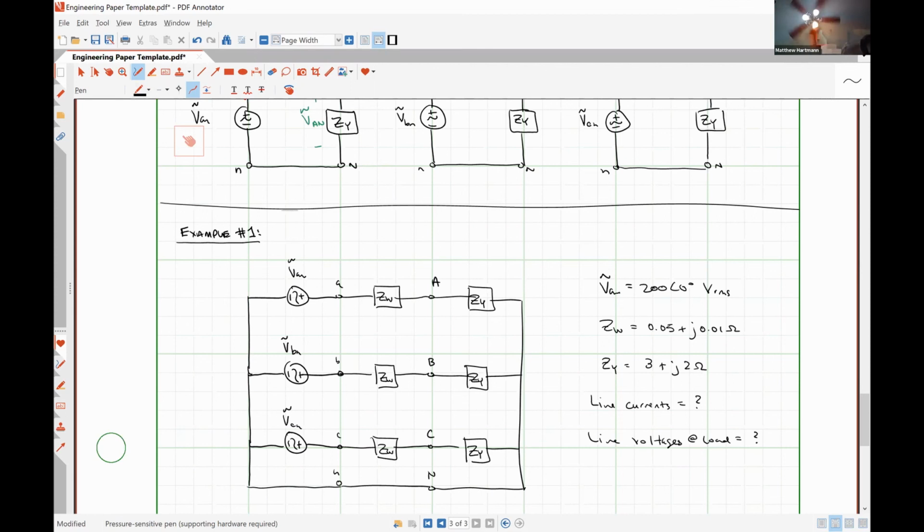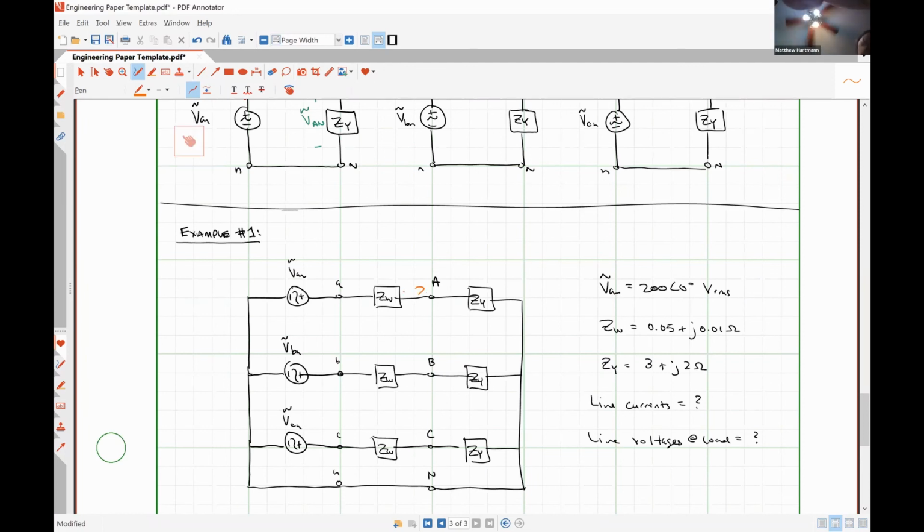And in industry, they're not going to talk about the voltage across VAN. They're going to ask what's your phase voltage, what's your line voltage, things like that. So I'm trying to use the proper jargon to prepare you guys for jobs, internships, and all that kind of jazz. All right, so the first thing that I would do in a situation like this is identify my line currents because I'm asked to figure them out.